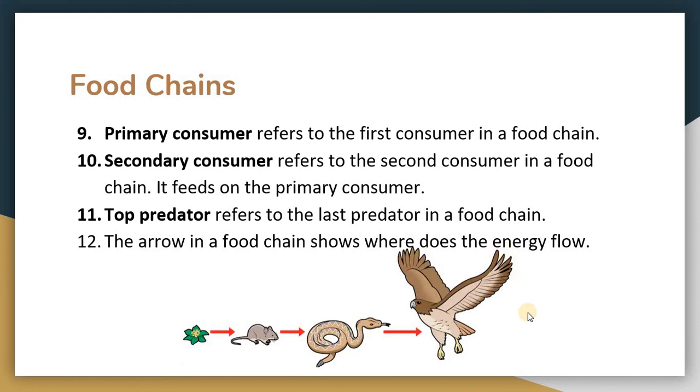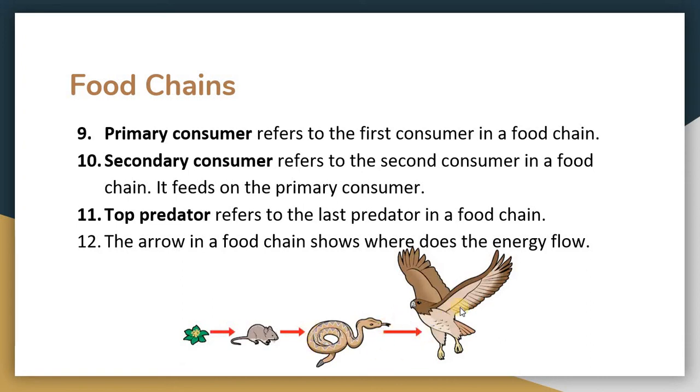So in this food chain here, you can see there's a plant, there's a mouse, there's a snake, and there's an eagle. So the plant is actually called the producer in this food chain. The mouse is called the primary consumer, whereas the snake is called the secondary consumer because it feeds on the primary consumer.